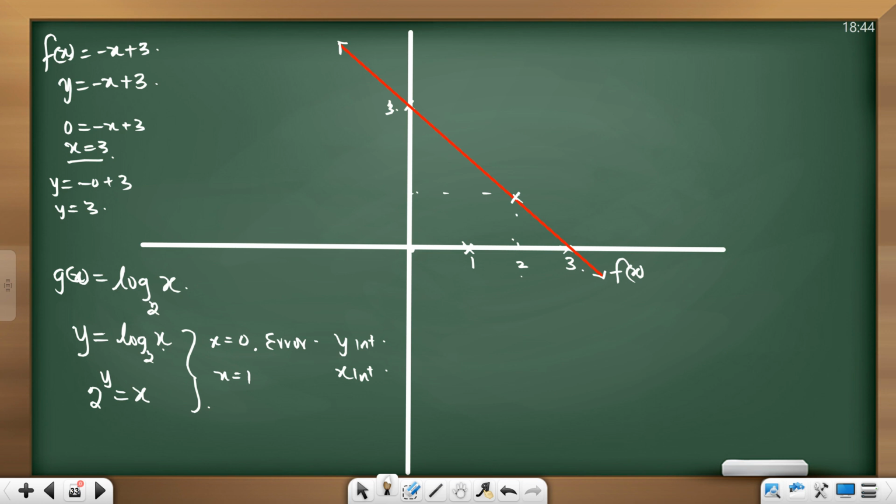When x is 3, what is your y? Quickly. I want you to just see how to. 1 comma, which is somewhere right there, right? We're just looking for the shape of your graph. Meanwhile, you know log is the inverse of what? An exponential.